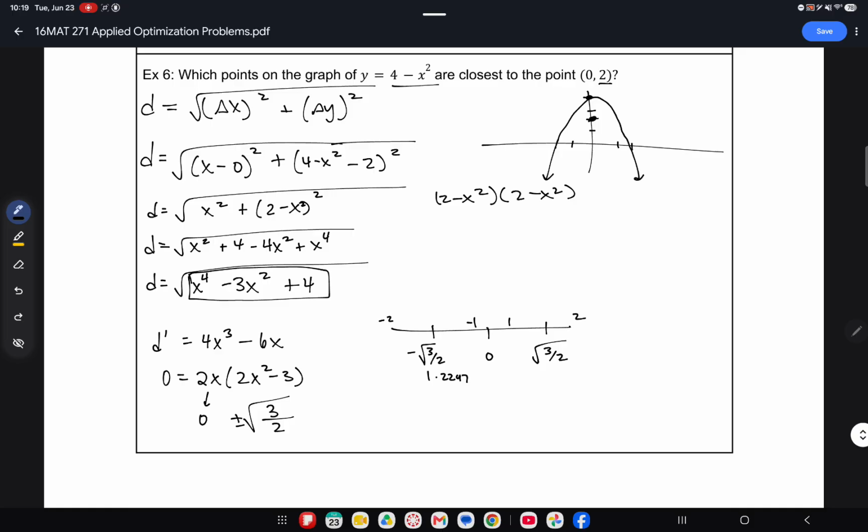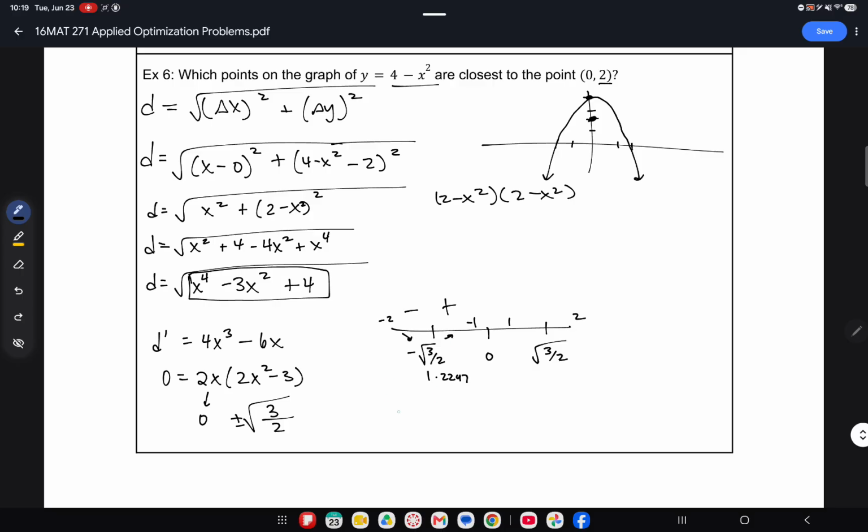All right, so 4x cubed minus 6x. Try that again. So -2 gives me a negative number. -1 gives me a positive number. So we are switching from negative to positive.